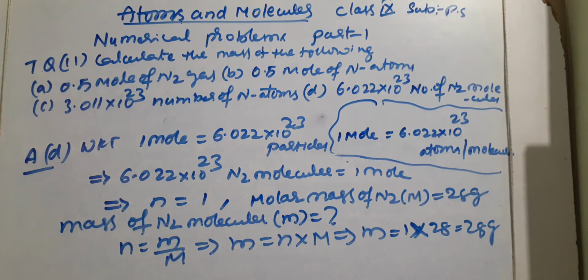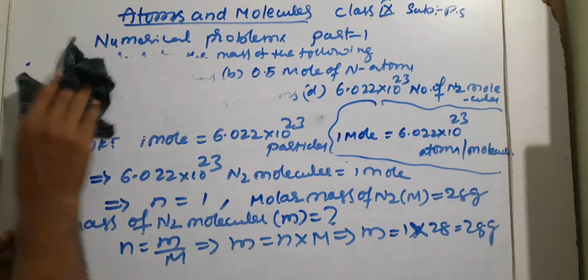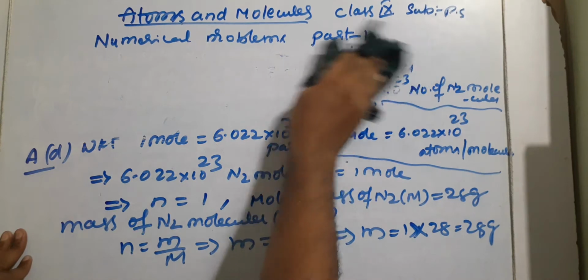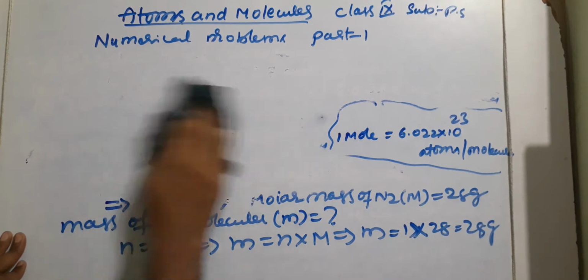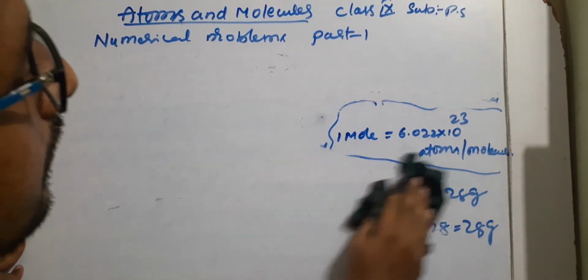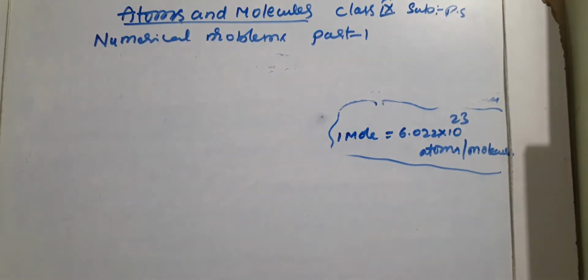Now we go to another one in this model. Conversion of given mass of a substance into moles is completed, and finding the mass of the given substances is completed.